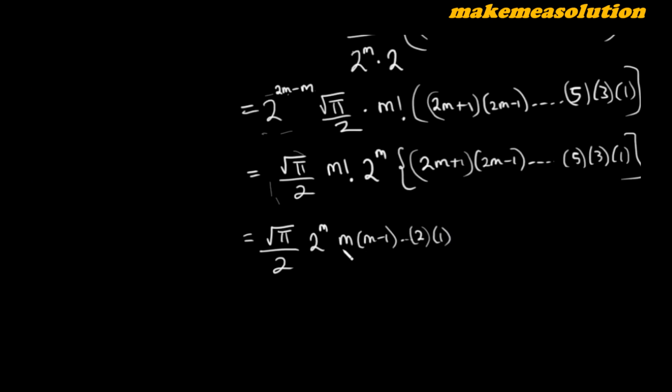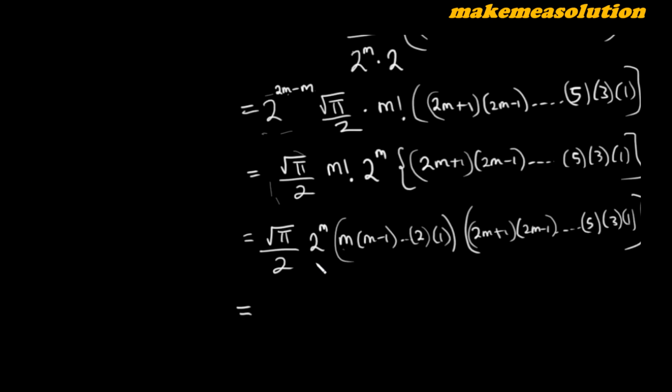So when you multiply all numbers from m to 1, that's your m factorial. Then this is the product of our first m odd numbers. That's the 2m plus 1, the 2m minus 1, and so on to 5, to 3, to 1. Okay, so what are we having?